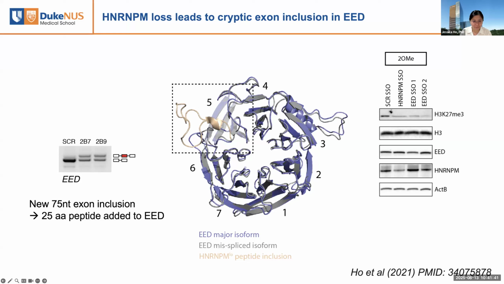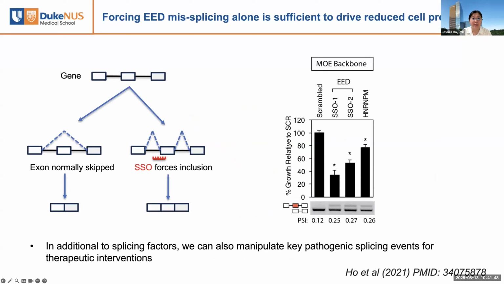More importantly, we were also able to show that we could phenocopy HNRNPM loss by forcing prostate cancer cells to express the misspliced isoform of EED. So by using these splice switching oligos, which force the inclusion of the EED exon that we were interested in, we could show that we could reduce cell proliferation in prostate cancer cell lines. So these are the 2 EED splice switching oligo treated cells.